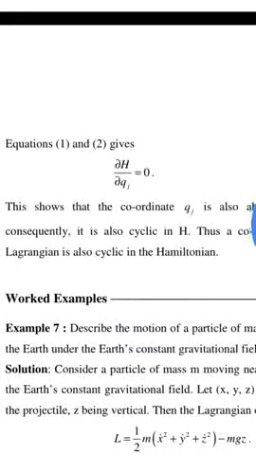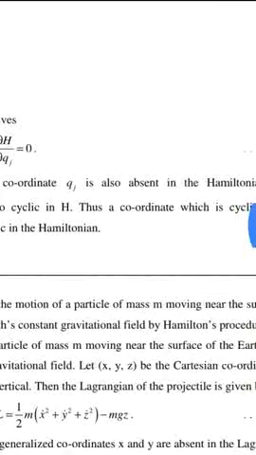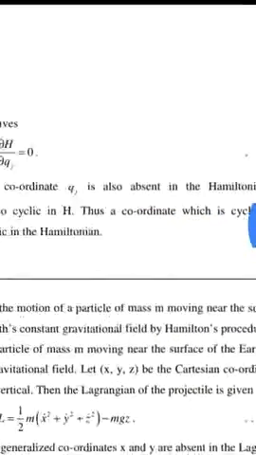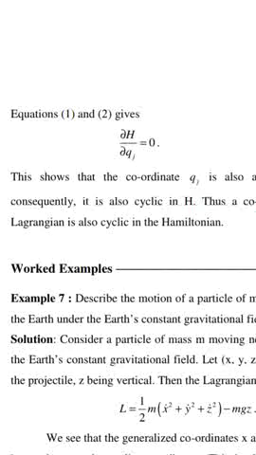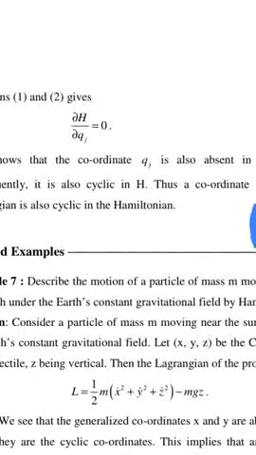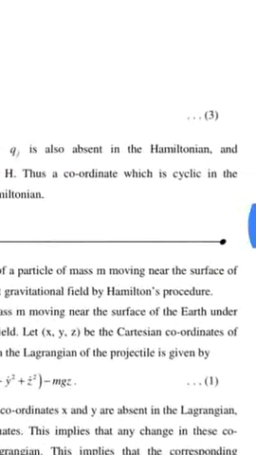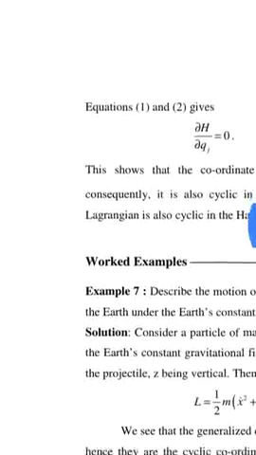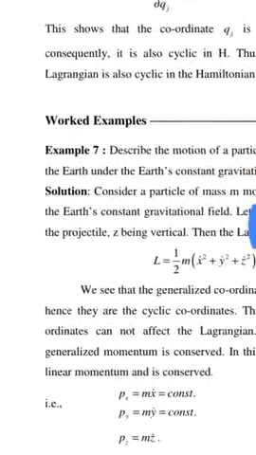This shows that the coordinate Qj is also absent in the Hamiltonian, and hence it is also cyclic in H. Thus, a coordinate which is cyclic in the Lagrangian is also cyclic in the Hamiltonian.